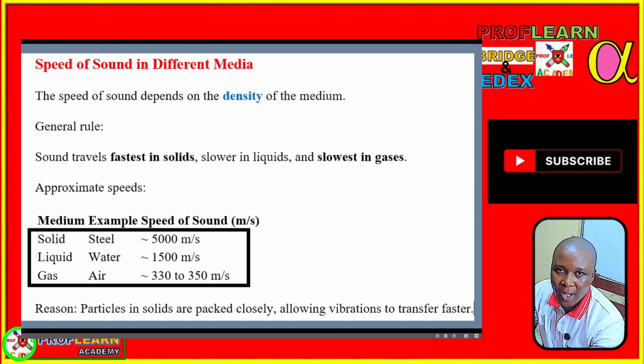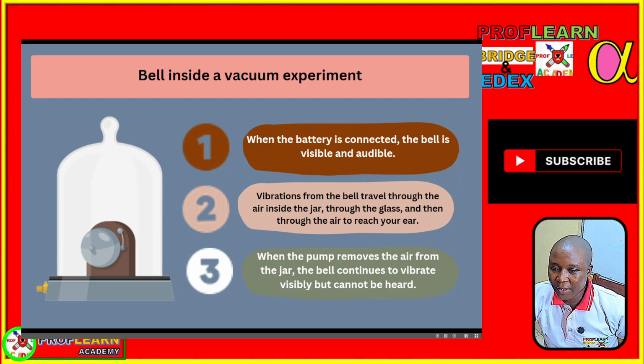And the reason as to why sound travels fastest in solids is because particles are closely packed, and this enables the vibration to transfer faster, right? And that is what you ought to know, that area.